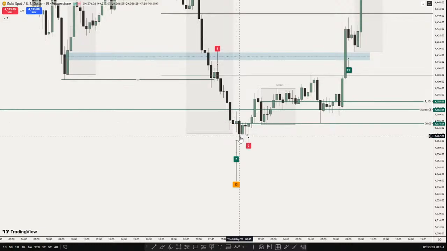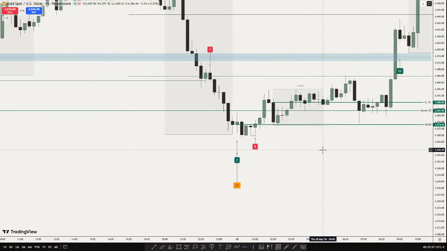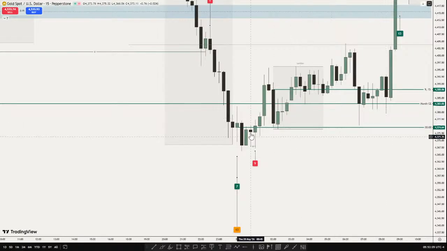So 7 8, then again this was the inside bar. Price couldn't break above the inside bar, then price broke above the inside bar in this candle. So 7, 8, 9, this is the ninth candle.